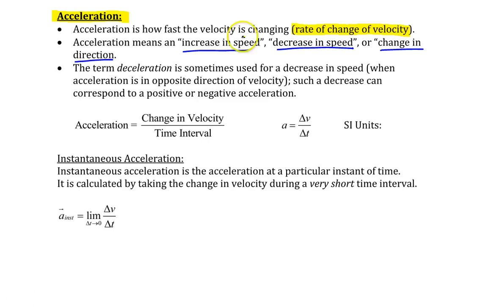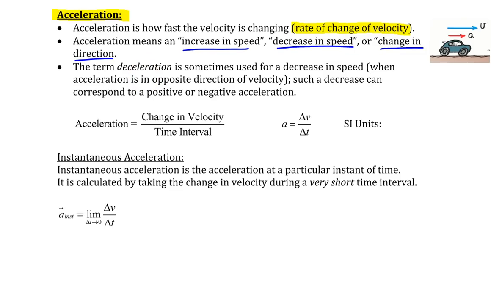Well, you already know that increasing speed means accelerating, but you maybe didn't hear that decreasing speed is accelerating. In fact, you probably heard decreasing speed in common everyday language called decelerating. You see, if you had a car that was speeding up, it would be moving, say, to the right in the positive direction, and the acceleration would also be in the same direction.